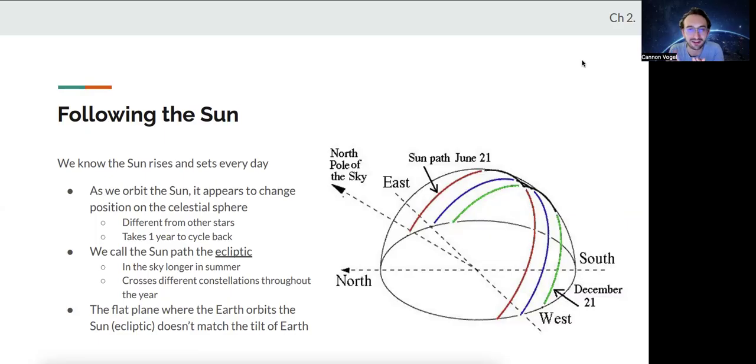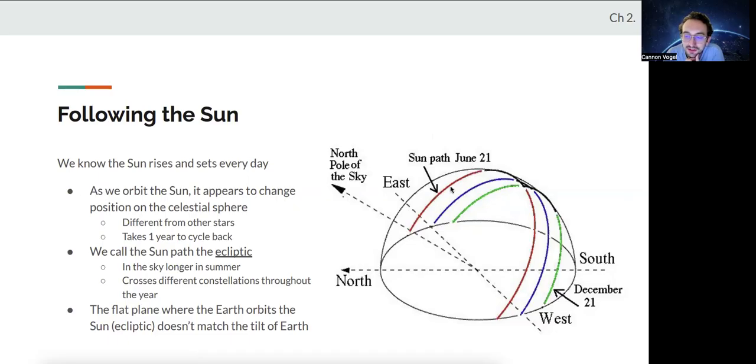And we'll see some more diagrams of this a little later. But the result is that during the summer, the sun stays in the sky for a long time. Basically, it's almost right overhead, and we can see that's this red curve. This is the path of the sun somewhere in the northern hemisphere on June 21st, so near the solstice.